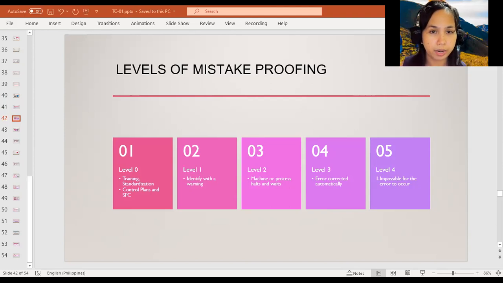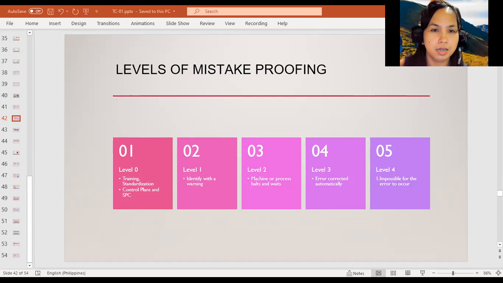And then level 2 error proofing, where we're able to identify the error and the machine or process halts or stops and waits for the corrective action. And then we have level 3 error proofing, where the error is not only identified but is also corrected automatically.